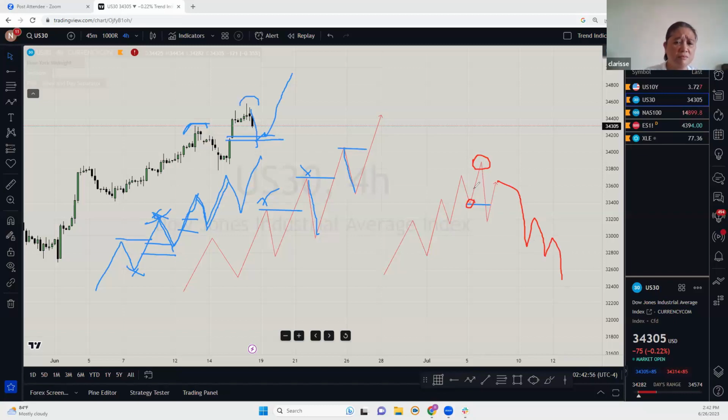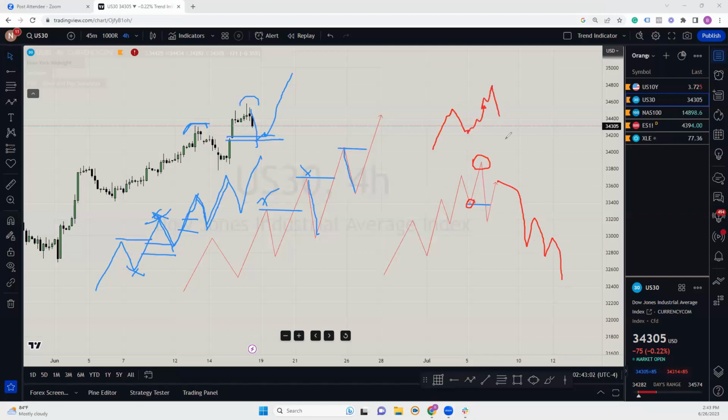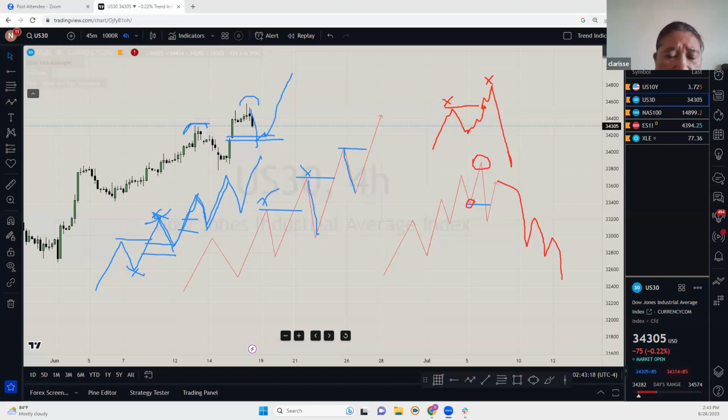So we always look for this pattern: a swing high that is taken out, and the price creates a new high. What happened after that? It reversed lower and took out the most recent low that created this ultimate swing high. Once that low is taken out, we expect the price to go back down.